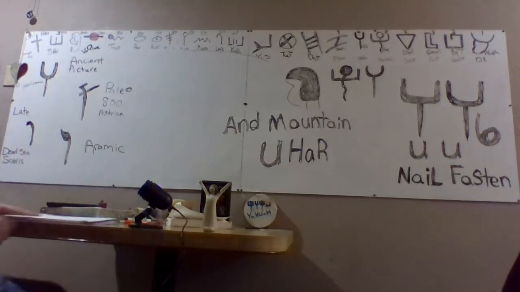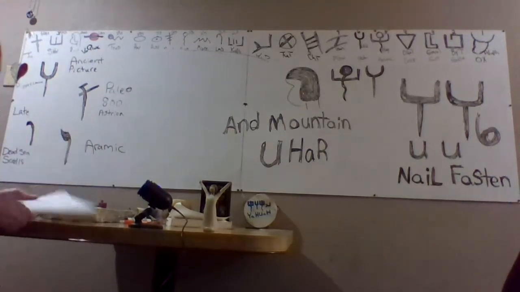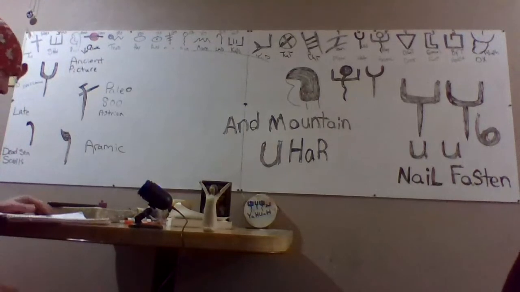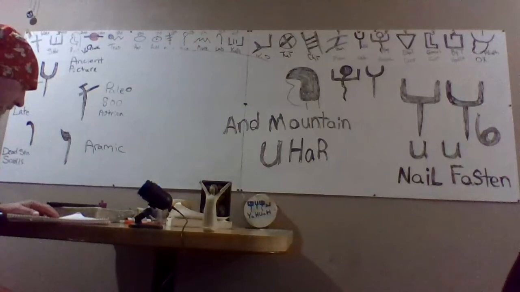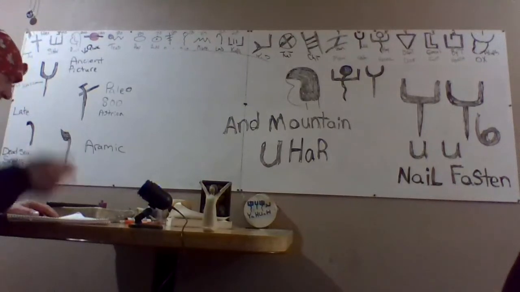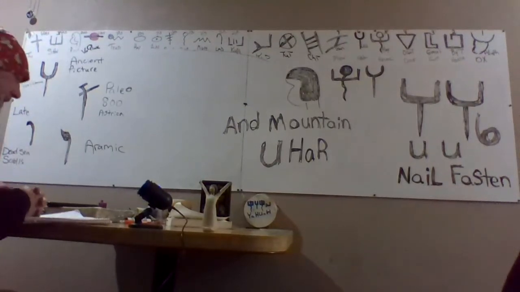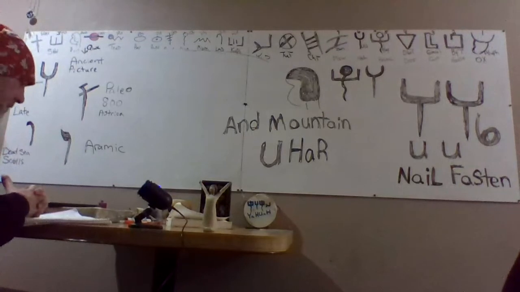It's a hook, and it means to fasten. And in Shemot 16:5, it says, on the 6th day, when they prepare what they bring in, it will be twice as much as they gather daily.